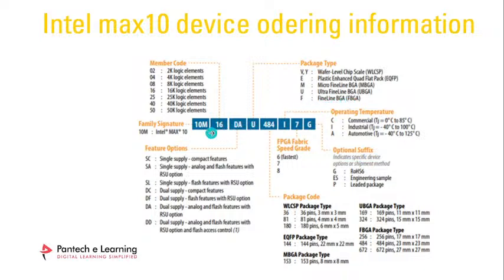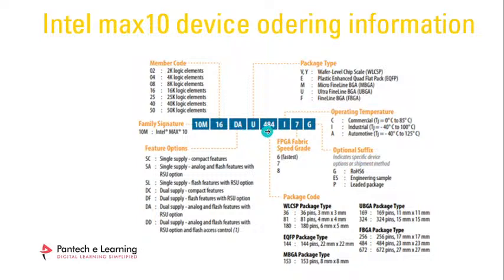Every letter in the model name is very important while dumping the code into the FPGA. In the Intel Quartus Prime tool, as we saw yesterday, the tool asks for the correct model name of the FPGA, so we have to ensure that we give the correct model name. Each and every letter must be carefully checked while dumping to the FPGA.